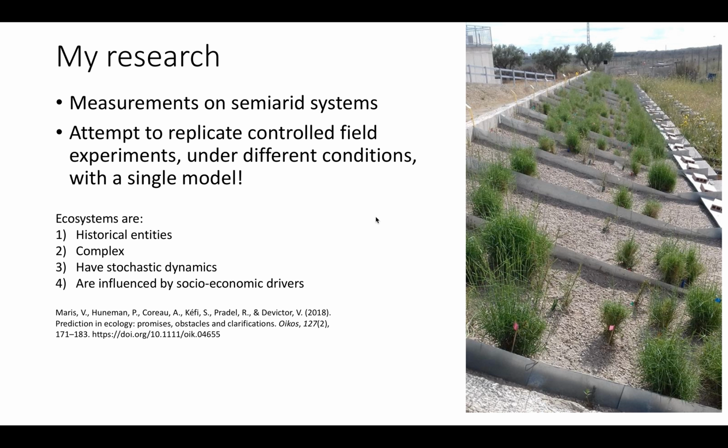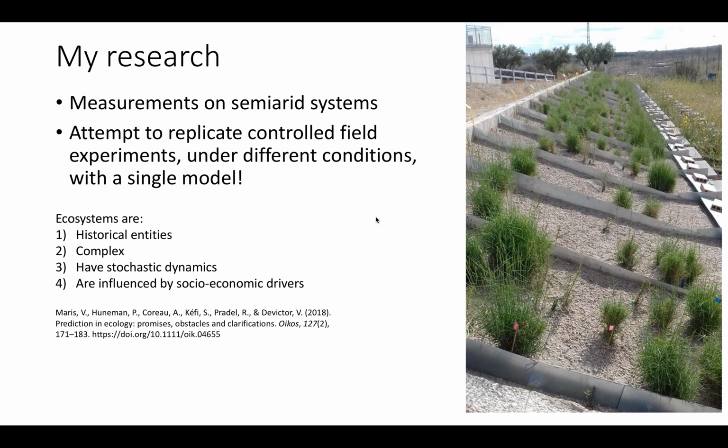So about these ecosystems, ecological systems, we know a few things. We know that they're historical entities. They're probably very old, and they find stable states over long time periods. They fall under the category of complex systems. There's a lot of interactions going on different time scales, different entities interacting with each other in non-linear ways.